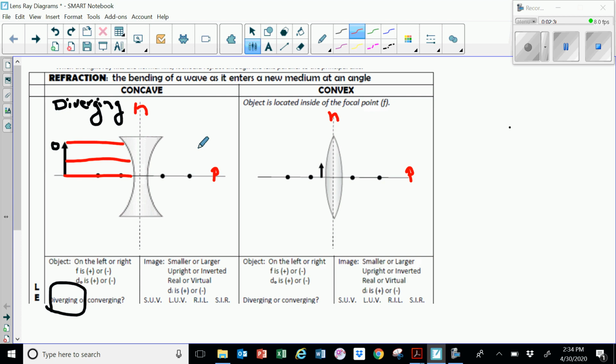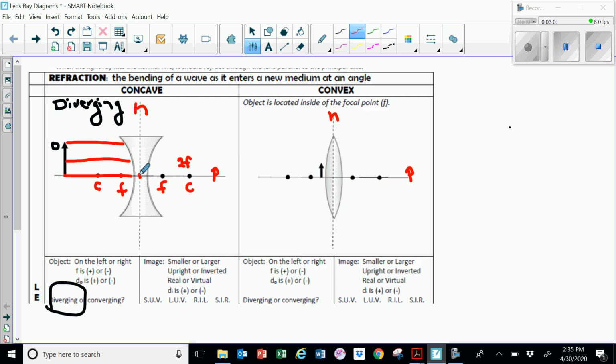Lenses have 2 focal points and 2 centers of curvature. The 2 focal points for this lens are here and here, and the centers of curvature are here and here. The center of curvature depends on how curved the lens is. It is 2 times the focal length, 2f.